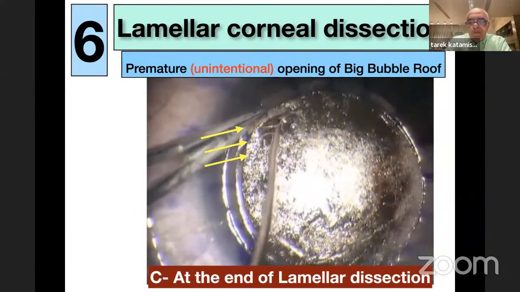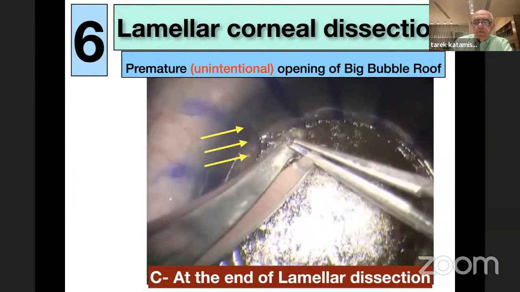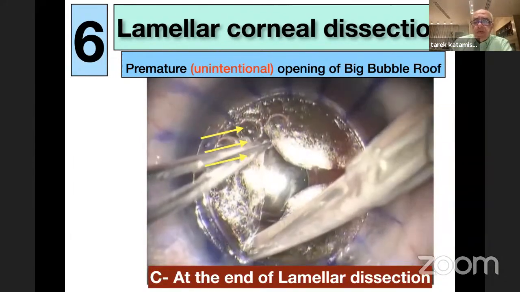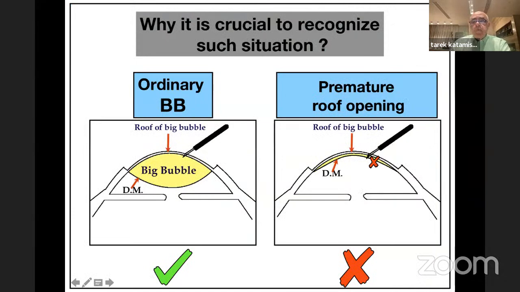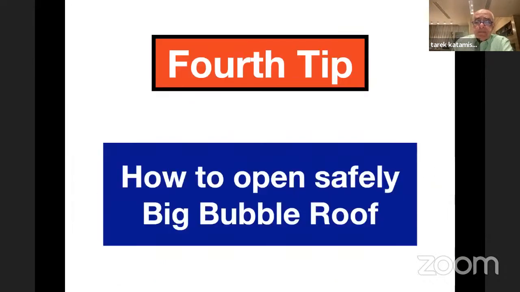So you have to stop and look for this tiny opening and change your policy. Again, it is crucial to diagnose such a situation so as not to damage this membrane, and you are not allowed to do Brave slash if you have a premature roof opening.